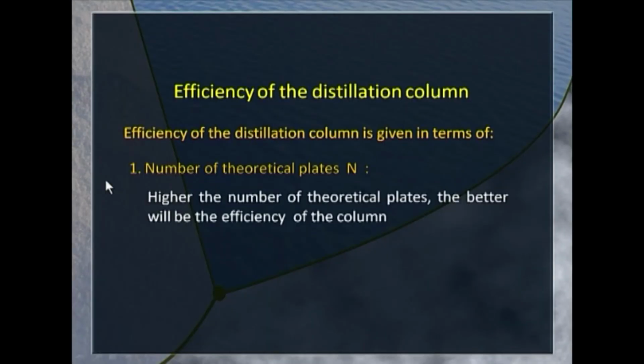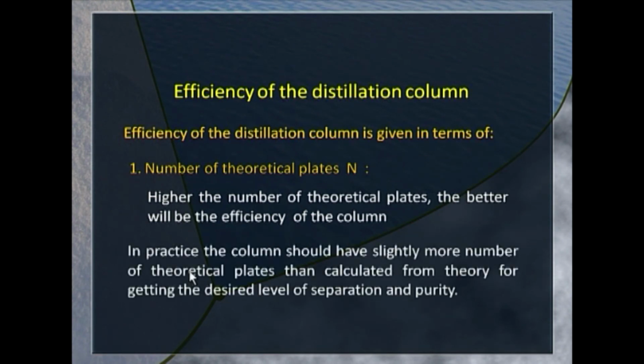In order to define the efficiency of the distillation column, we have two terms. One, the number of theoretical plates n. The higher the number of theoretical plates, the better will be the efficiency of the column. And in practice, as seen earlier in the diagram, the column should have slightly more theoretical plates than calculated from theory.